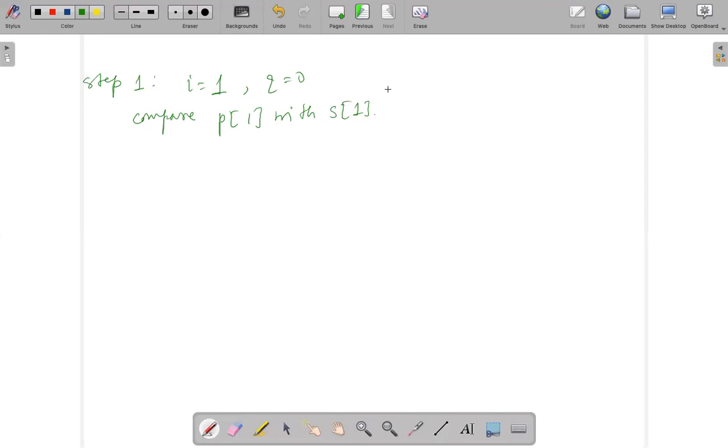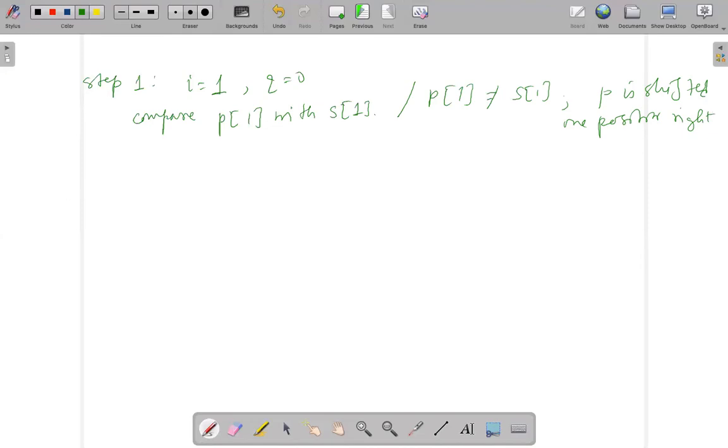Now what we see is that P1 is not equal to S1. So what we do is that P is shifted 1 position right.